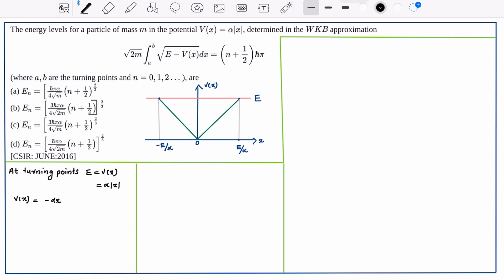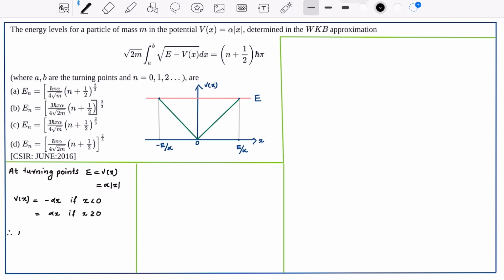We can write V of x as minus alpha x if x less than 0 and alpha x if x greater than or equal to 0.